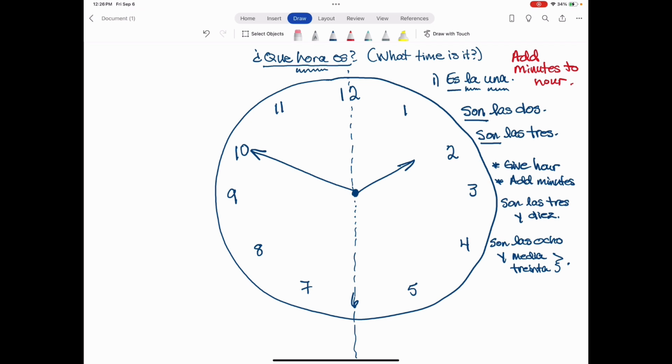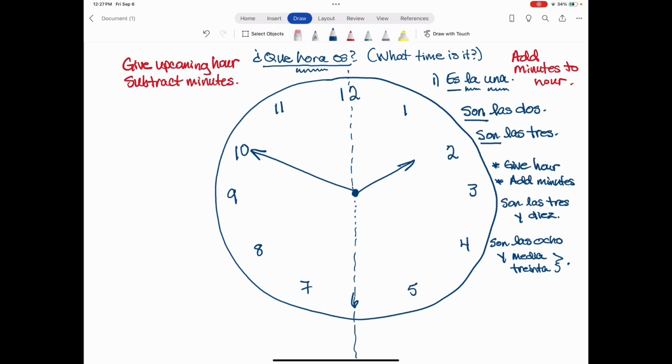So you give the upcoming hour and subtract minutes. It's like saying in English that it's 10 minutes till 2.